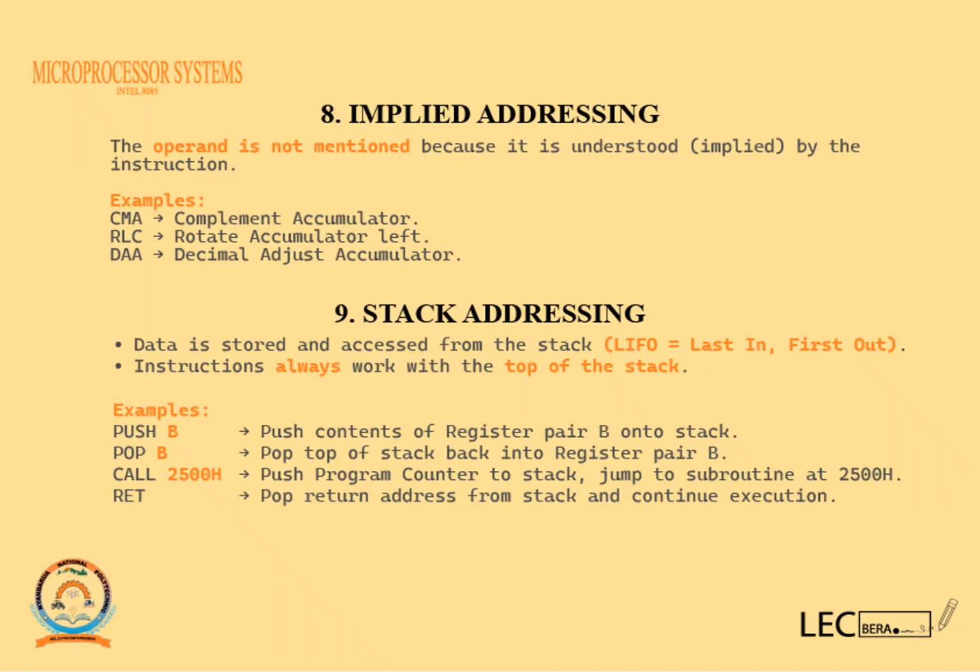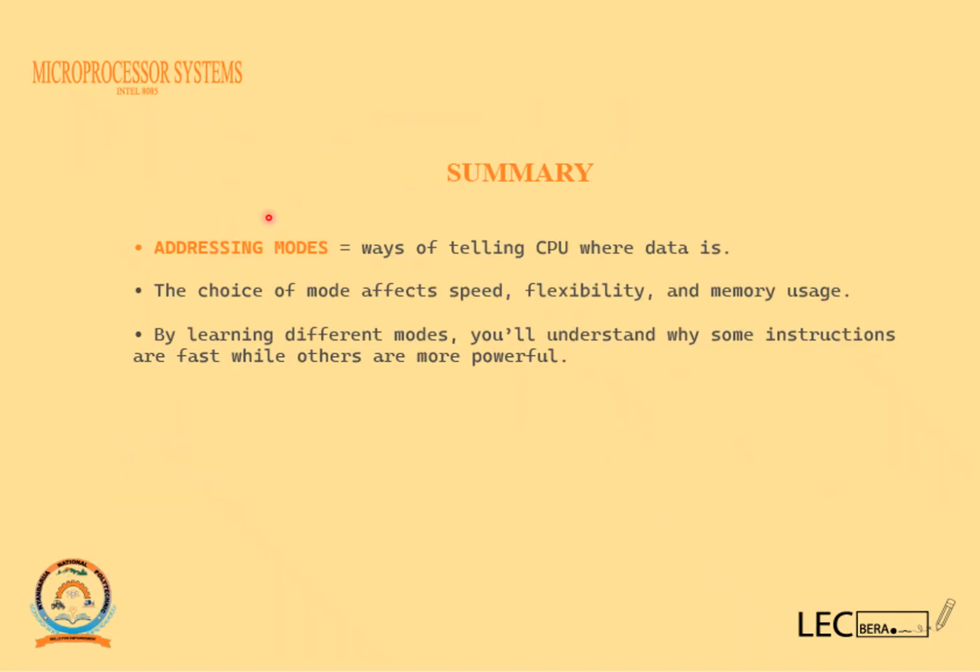Let us go through the summary so that we understand what we've covered so far. We've discussed addressing modes, and we've seen that when we are working on the operand, that is the data of the instruction, that data can be found inside a register, inside the memory, or can be just inside our mind.